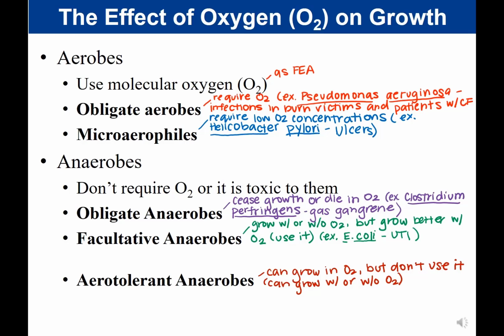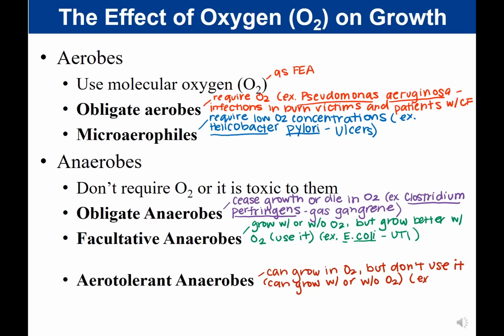So notice there's a key distinction between a facultative anaerobe and an aerotolerant anaerobe. Both of those categories can grow with or without oxygen. The difference between them, however, is that the facultative anaerobe will use O2 if O2 is present. An aerotolerant anaerobe can grow with or without, but even if O2 is present, it's not going to use it as its final electron acceptor.